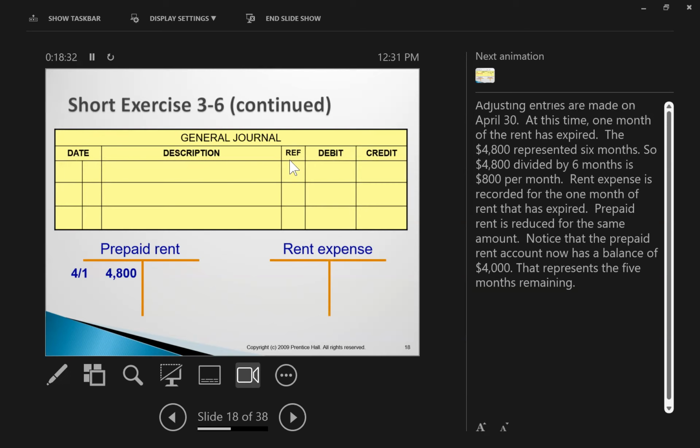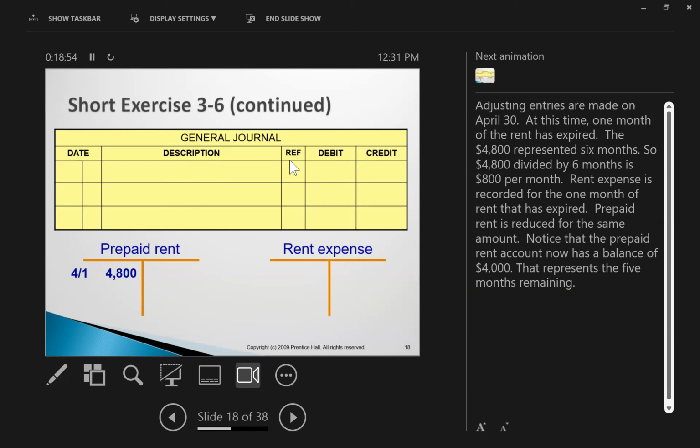Now, the adjusting entries are going to be made on April 30th. That's the end of the first month, because now at the end of that first month, I have used up 1 month's worth of prepaid rent. So at this time, 1 month of rent has expired. The $4,800 represented 6 months.